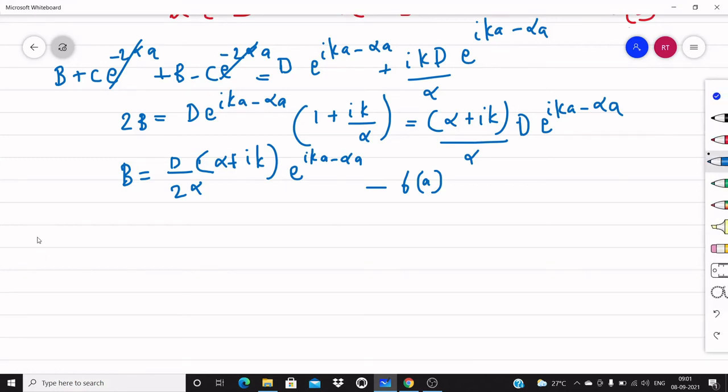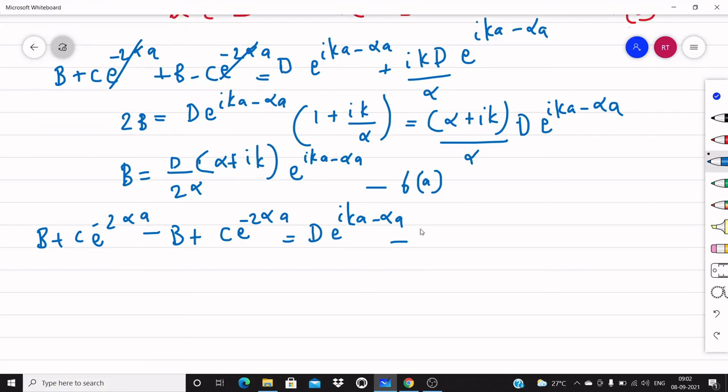So just b plus c e raised to minus 2 alpha a minus b plus c e raised to minus 2 alpha a is equal to d e raised to ika minus alpha a minus ik d by alpha e raised to ika minus alpha a.